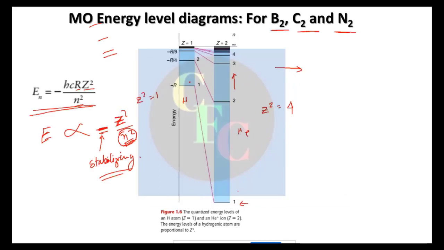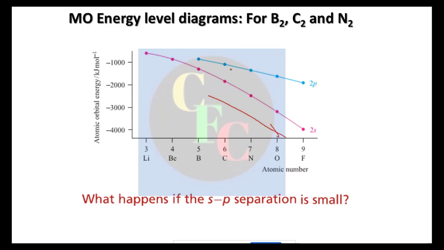The gap between 1 and 2 for hydrogen was not that much, but for helium it is very large. The same is the case with s and p orbitals of this second period.